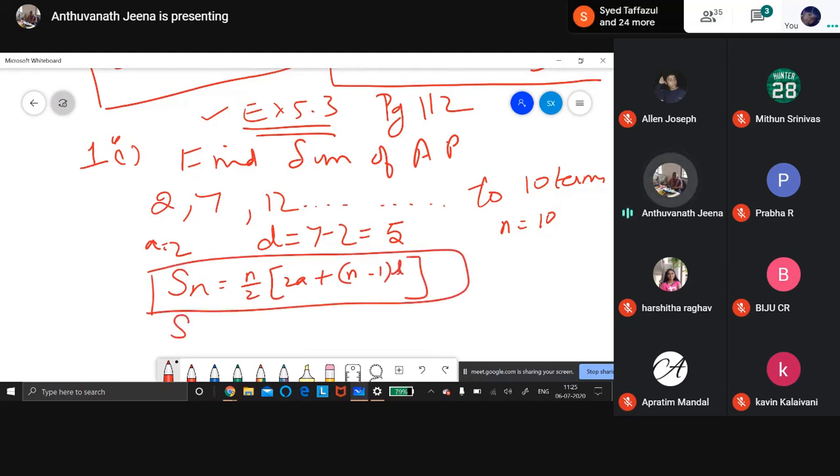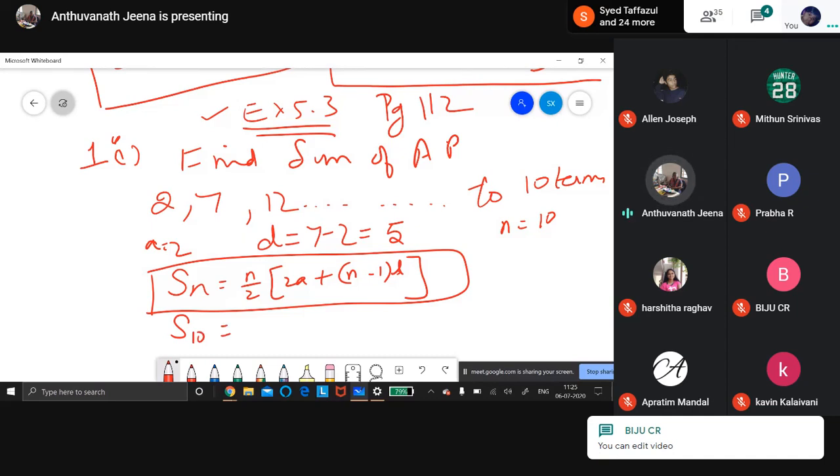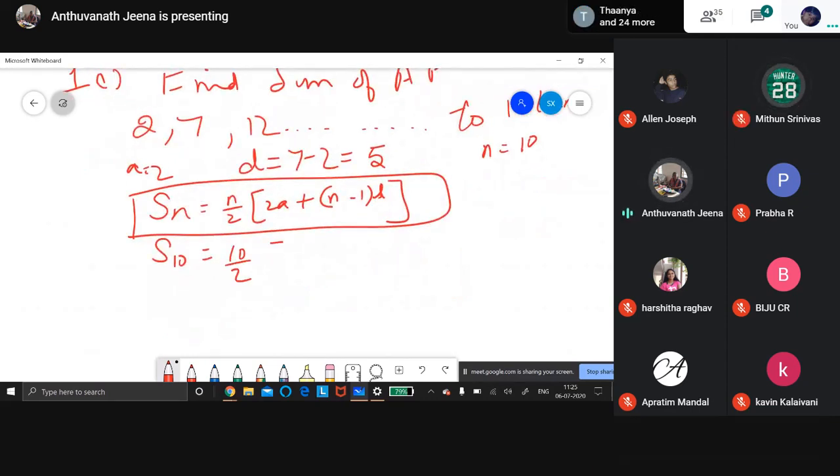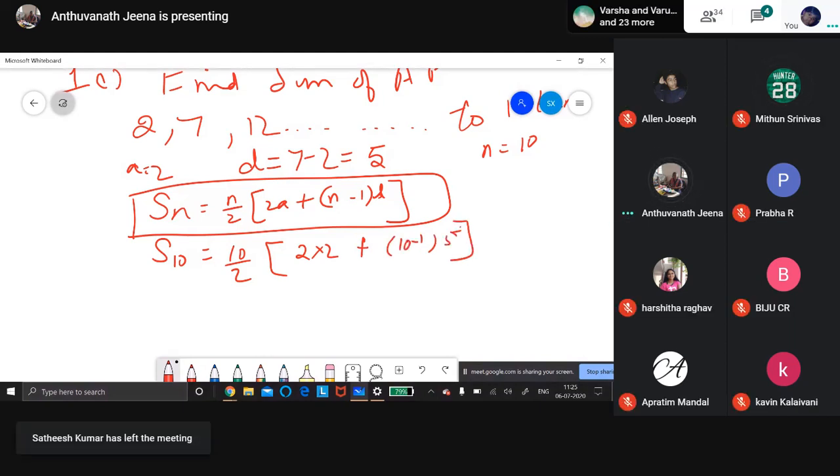Now here n is 10. So S10 is equal to 10 by 2 into 2 into 2, since a is 2, plus 10 minus 1 into 5. Mute yourselves, children. Only when you are answering, you have to unmute. 2 twos are 4, plus 9 fives. You should do this first.